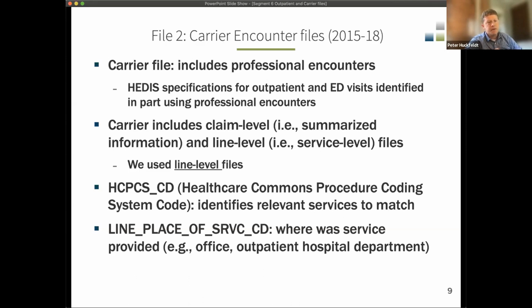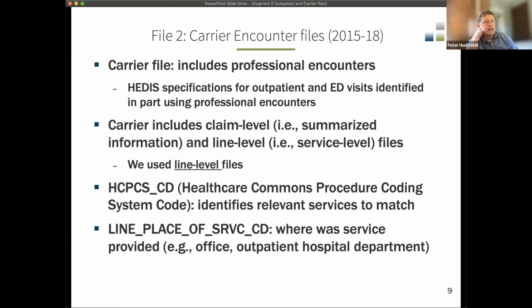So for this analysis, we used the line level files. There were two key fields that we used on each of the line level files. The first was the HCPCS code, the Healthcare Common Procedure Coding System code. What it does is identify the relevant services that we need to identify from the HEDIS specifications for outpatient visits and ED visits.